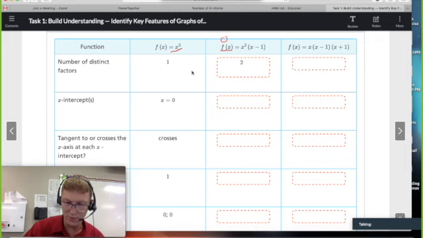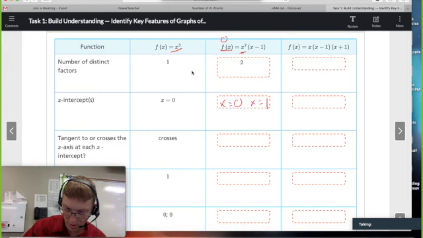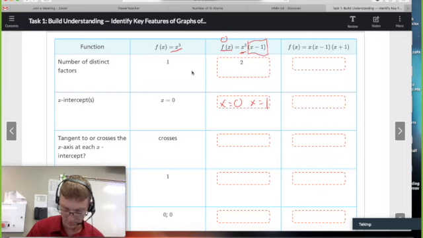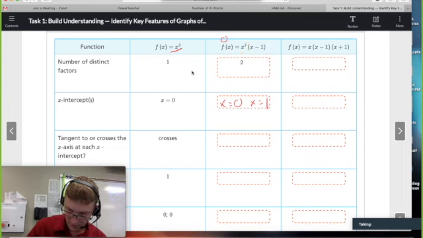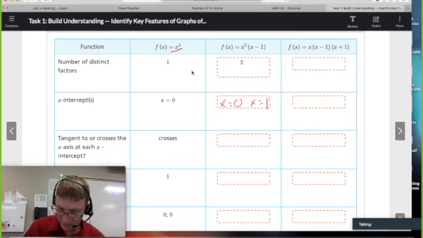For this next one, x can equal 0 right there, or x can equal 1, if I set this part equal to 0. And then moving right along, this last one, I can set x equals 0, I can set x minus 1 equals 0, I can set x plus 1 equal to 0. So again, we're going to have x equals 0, positive 1, negative 1.